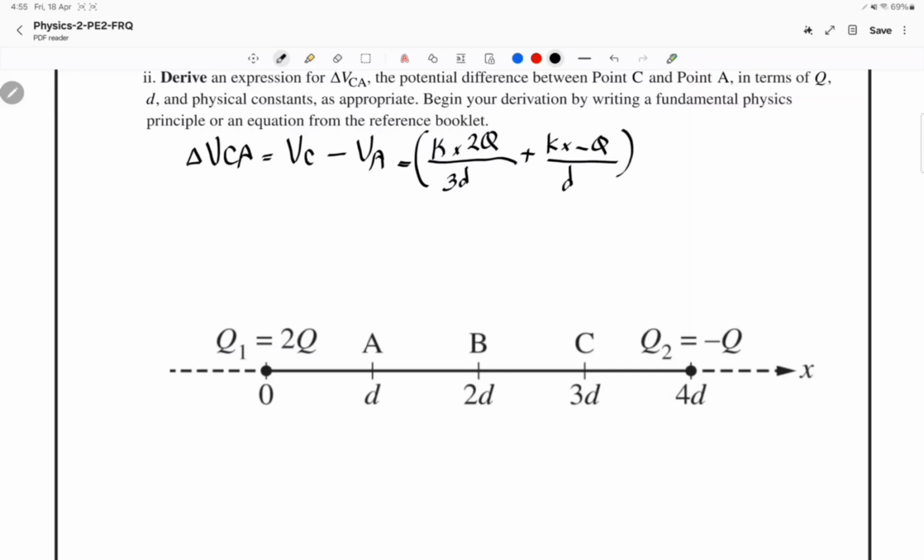Just D. Minus K 2Q, how far is Q1 from point A? 1D. K times negative Q. How far is Q2 from point A? 3D, right?